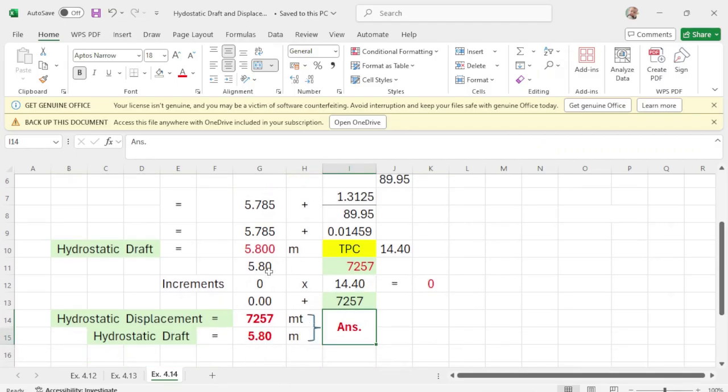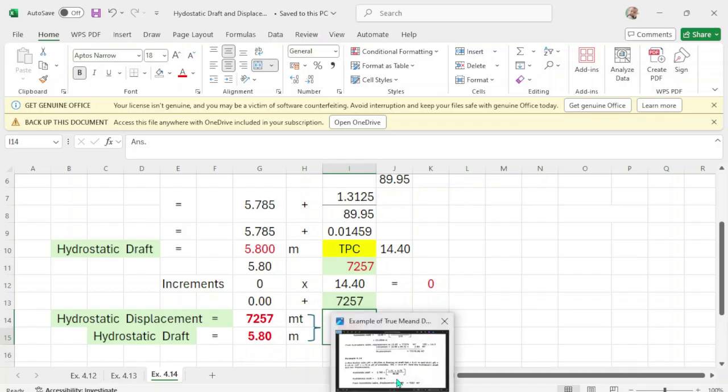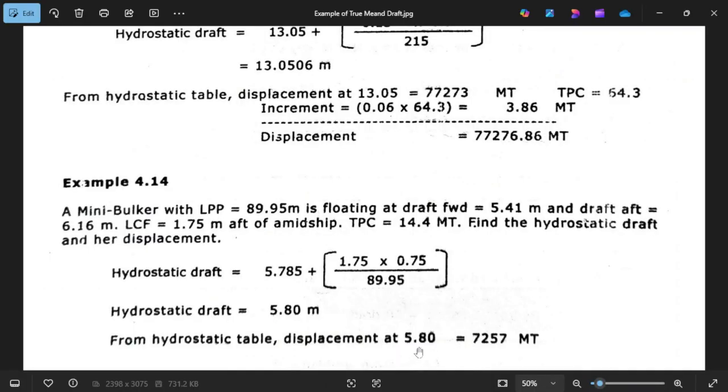And the answer here is 7257. But I made the equation so that you will understand. So I have here 0 times your TPC equals 0, 0 plus 7257, and your hydrostatic displacement is 7257, and your hydrostatic drop is 5.80. So we have the same answer here. 5.80 is 7257.